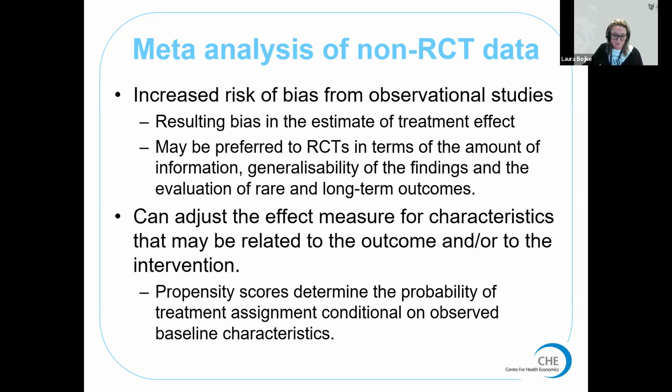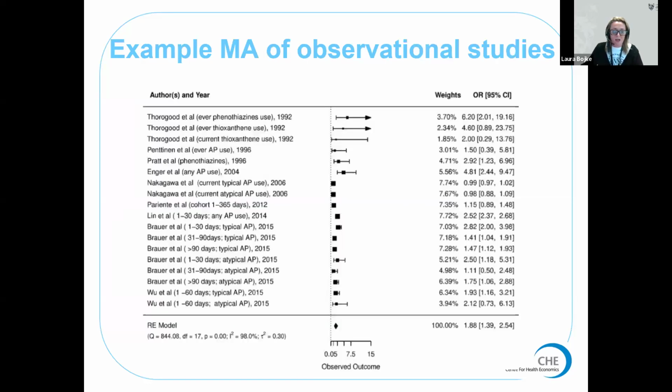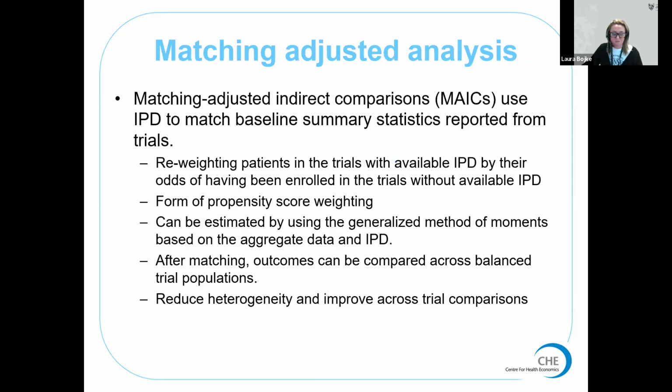And there are lots of examples of that. I apologize, I haven't put an example on this slide, but happy to follow up with any of those. Here I've just got an example meta-analysis of observational studies. You can see here a much larger scale totality of evidence when we're looking at non-experimental evidence. So lots more evidence to inform a pooled estimate. Here it uses a random effects model to do that as well.